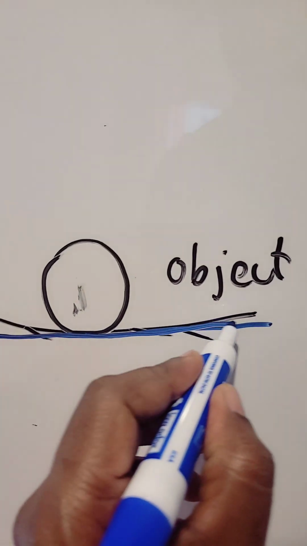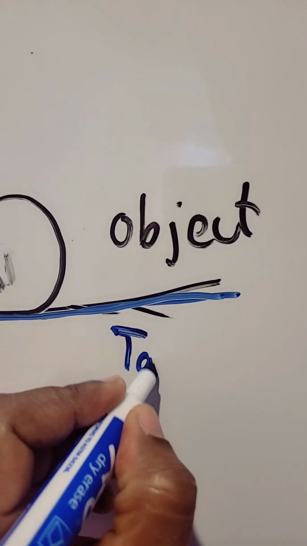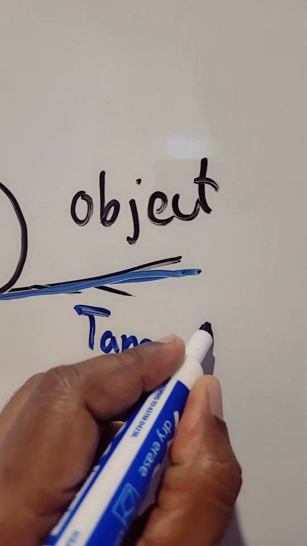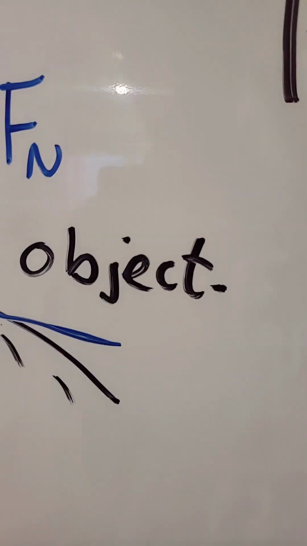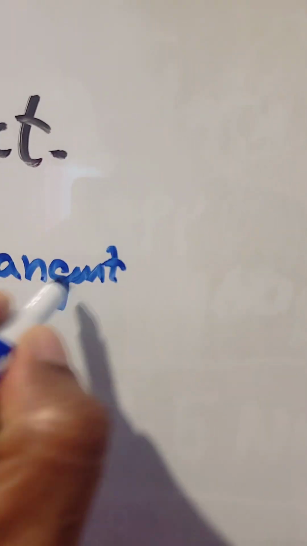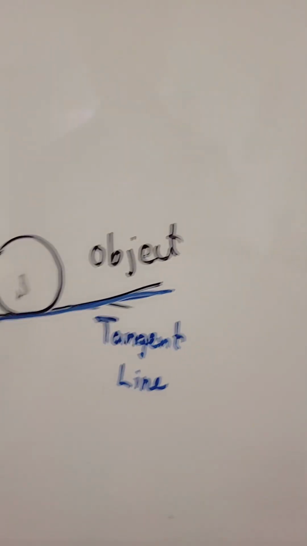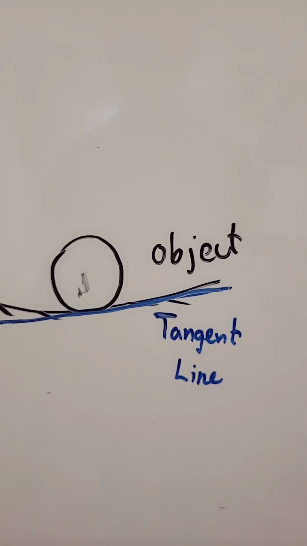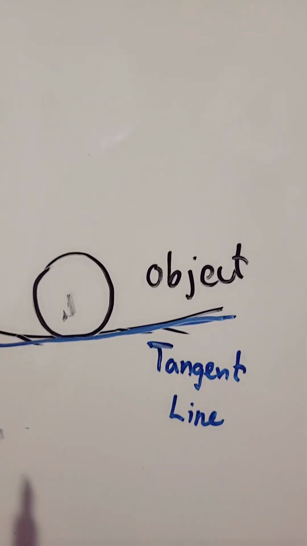This is what we call the tangent line. Then just draw a normal to the tangent line at the contact point. So it's going to be in that direction.